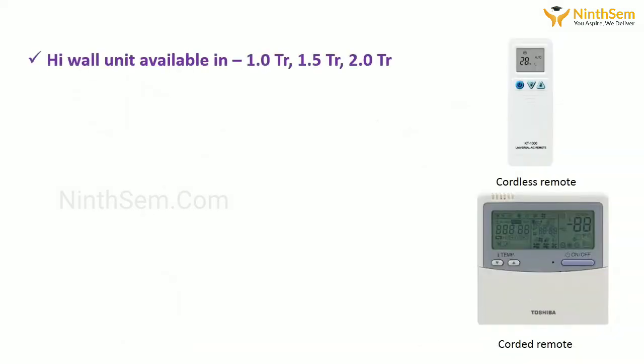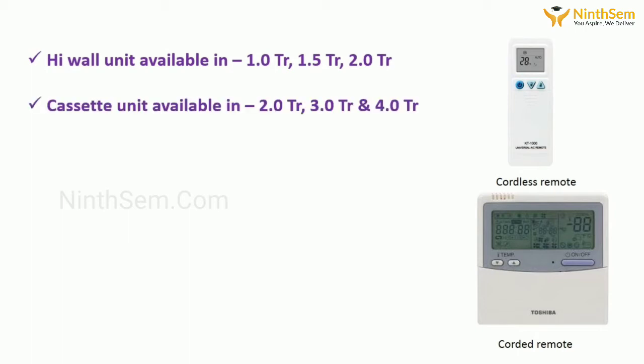The high wall unit is available in the market with specific capacities, that is 1 ton, 1.5 ton and 2 ton. The cassette unit is available with capacities of 2 ton, 3 ton and 4 ton.